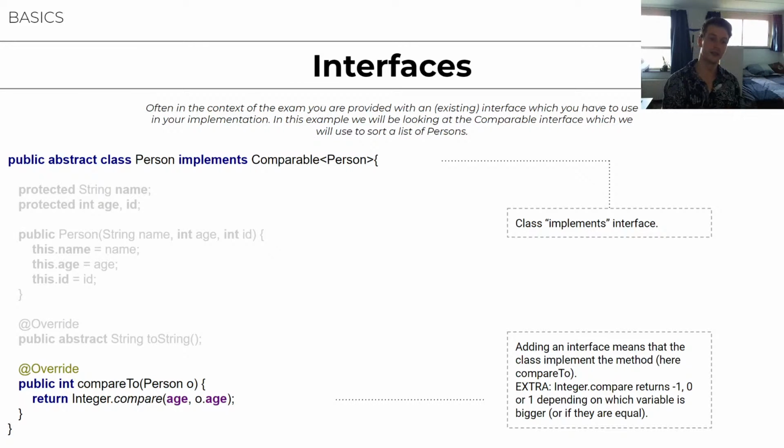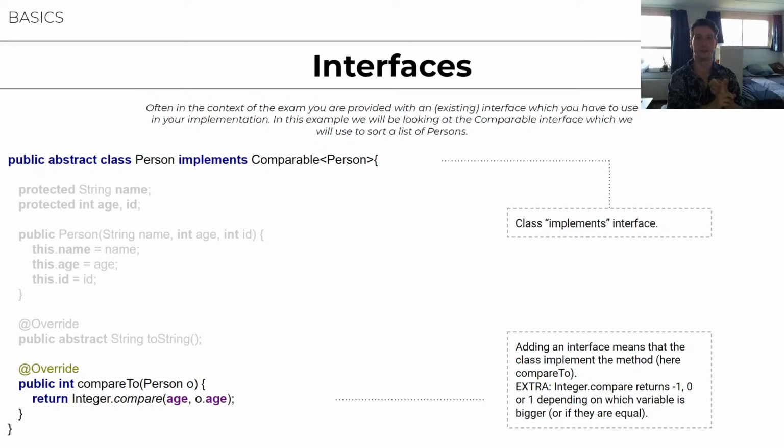So you get the compareTo function. And what you can do in this function is you can basically specify how you want to compare two people. So in this case, it's based on age. Generally how comparisons in Java work is that if the two values are equal, you return a 0.